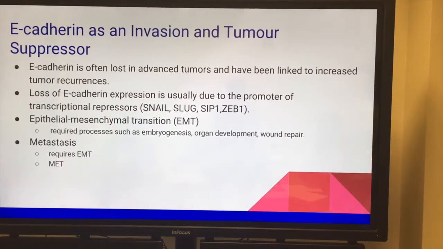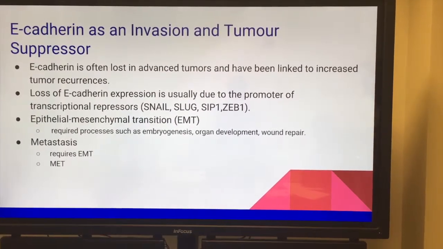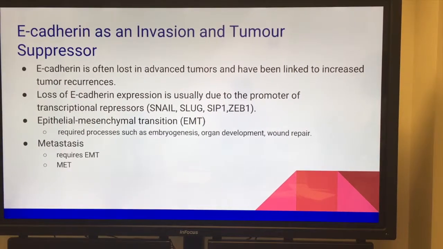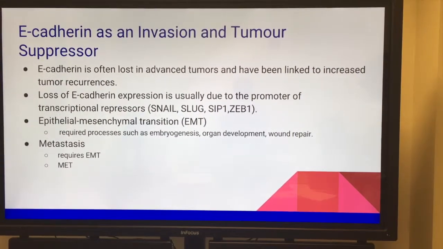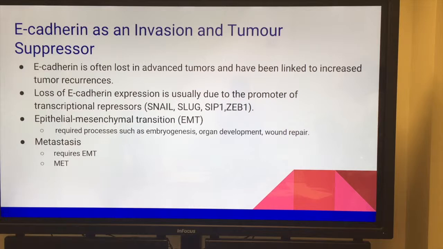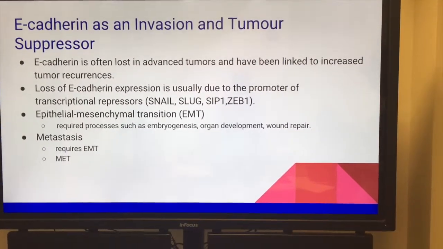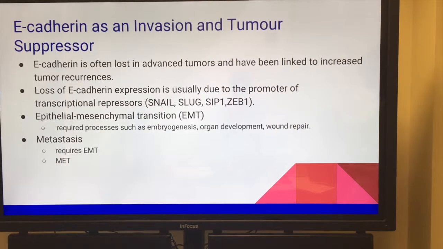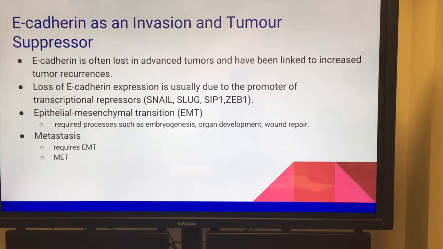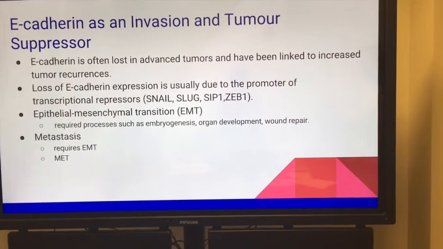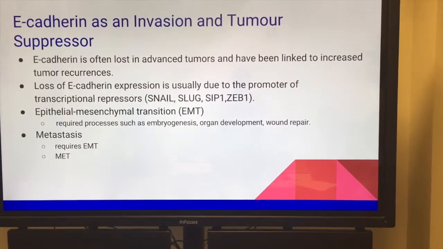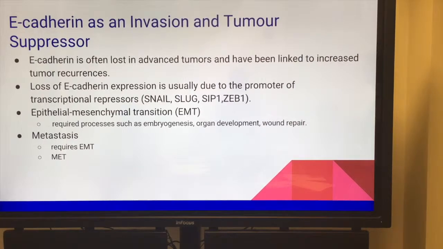This can cause epithelial mesenchymal transition, or EMT, which is the process by which epithelial cells depolarize into loosely organized migratory cells known as mesenchymal cells. This is a required process for embryogenesis, organ development, and wound repair.